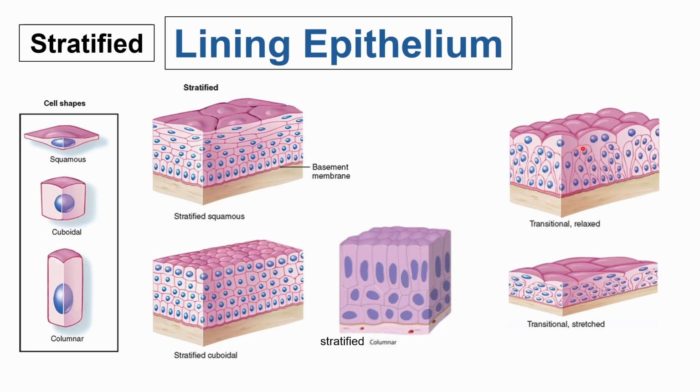So you can just call it transitional epithelium. You don't even have to say transitional stratified. If you say transitional, you already know that it is a stratified type of epithelium with the topmost layer changing its shape depending on the function or the need of the organ. So for the topmost cell layer, sometimes the shape is cuboidal and sometimes it is flattened.